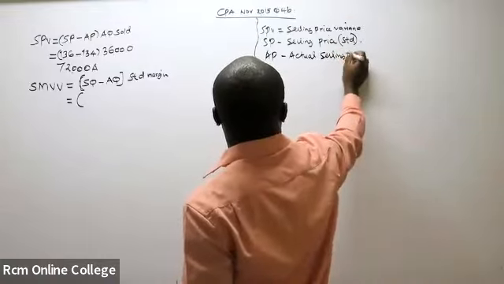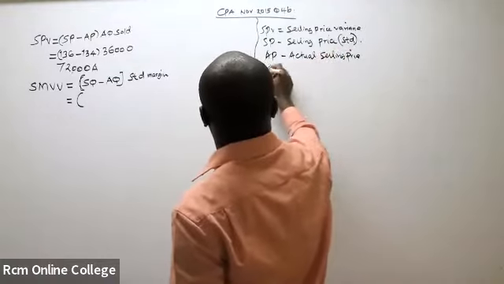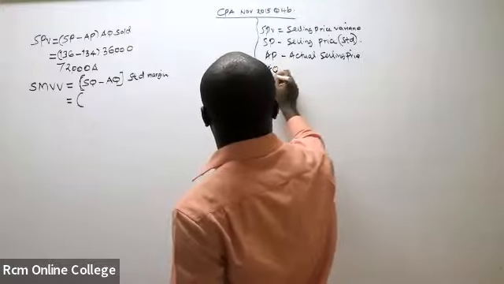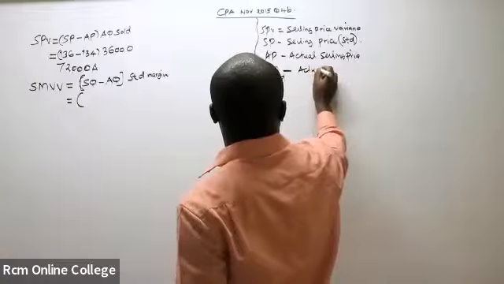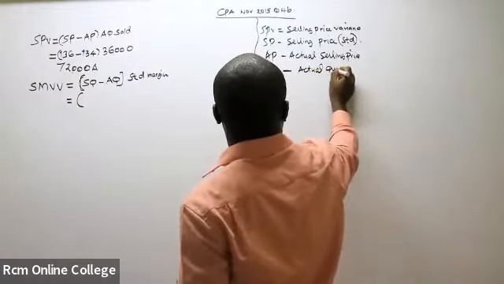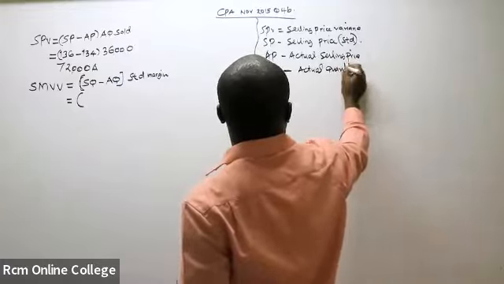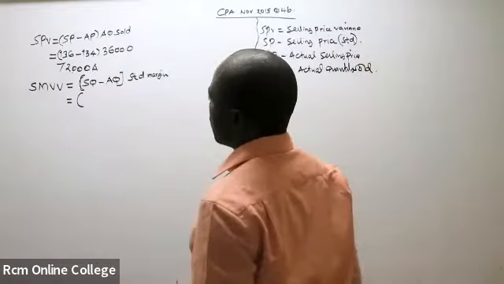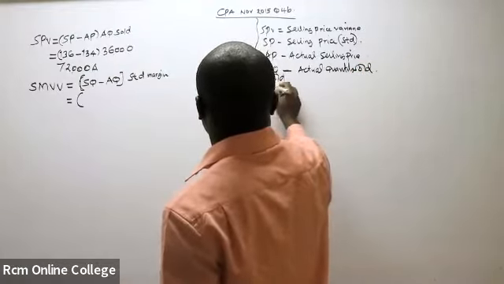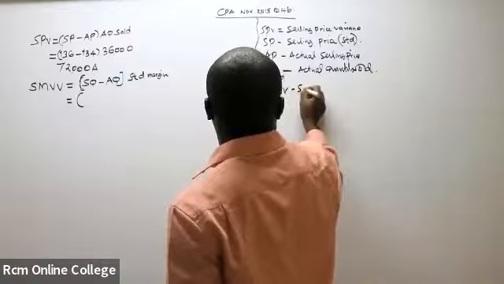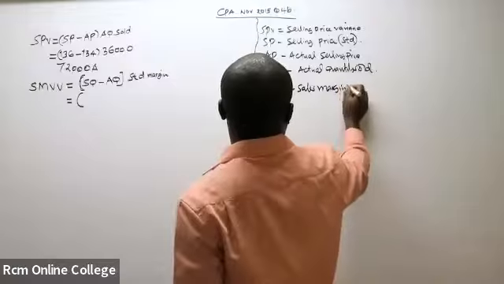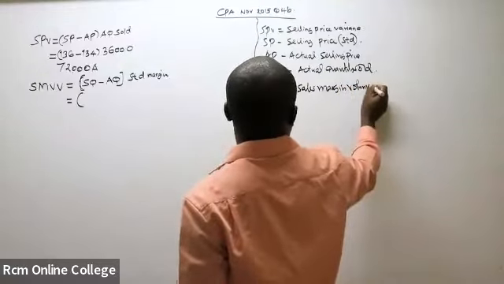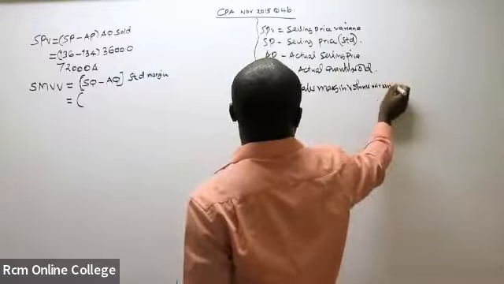Actual selling price. Actual quantity sold. So that was sales margin volume variance.